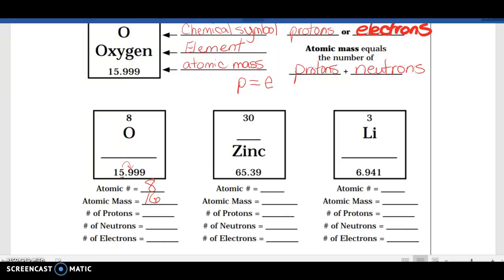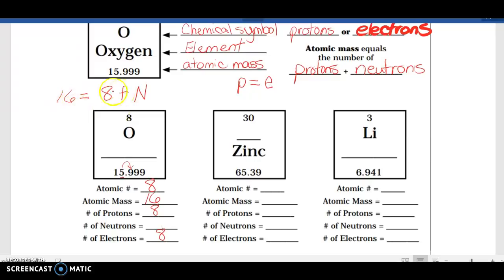All right. Now, remember, the atomic number tells the number of protons or electrons. So if our atomic number is 8, then we have 8 protons, and we have an equal number, 8 electrons. Now, for the number of neutrons, if we know the atomic mass, right? And atomic mass is 16. 16 equals the number of protons, which is 8, plus the number of neutrons.